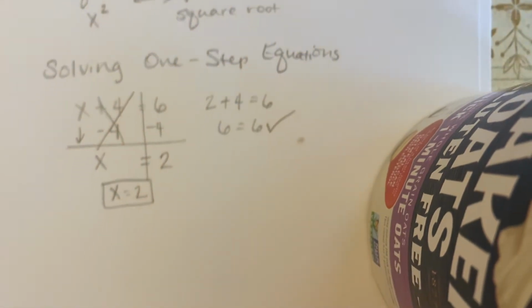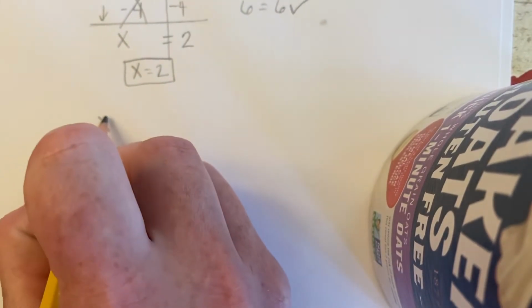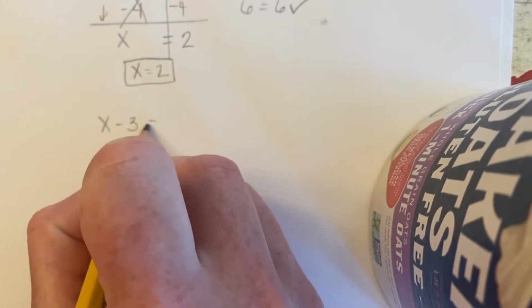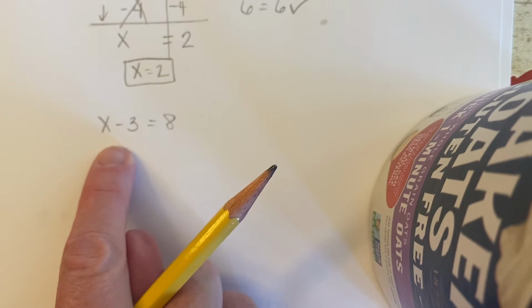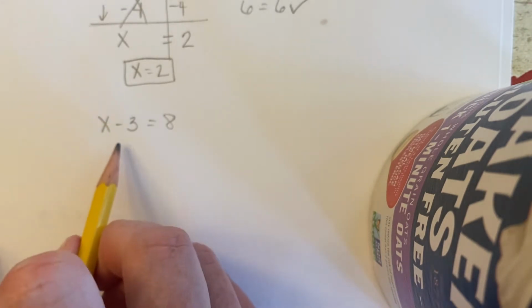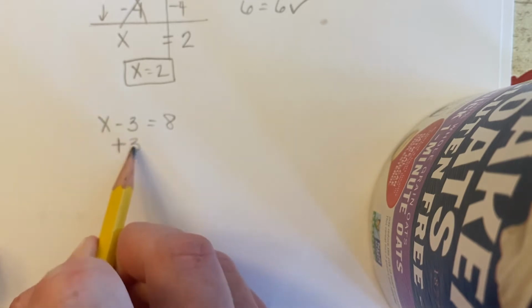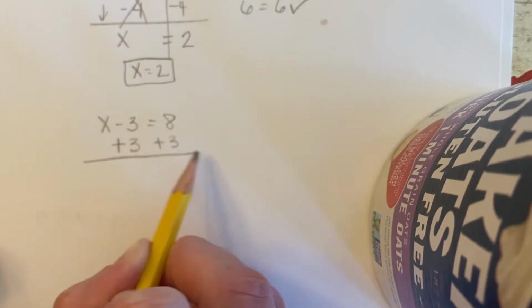Let's try another one. Okay, let's try x minus 3 equals 8. What's happening here? Well, we're subtracting 3. And if you'll remember from the very top, to undo subtracting, I should add. So we'll add 3 to both sides. Same thing, baseline all the way across.